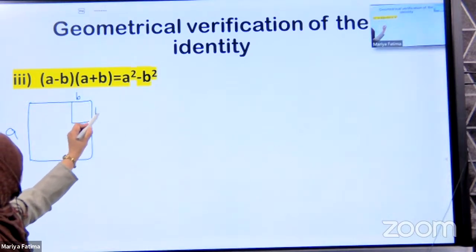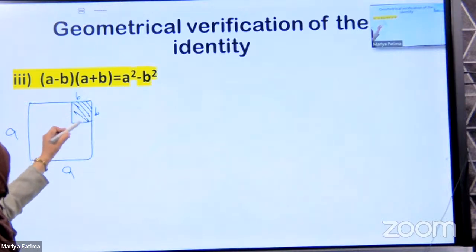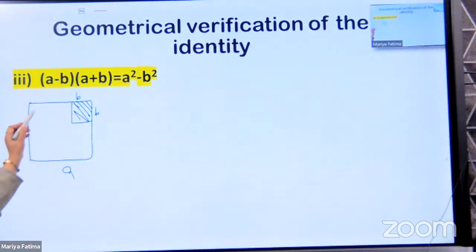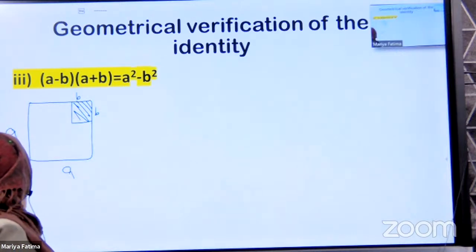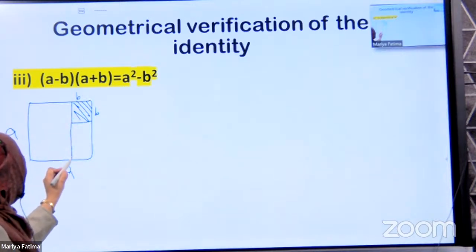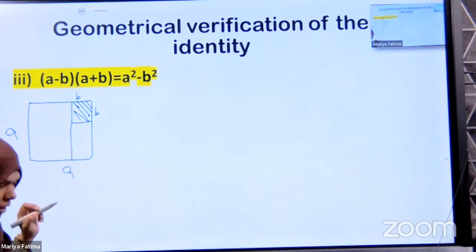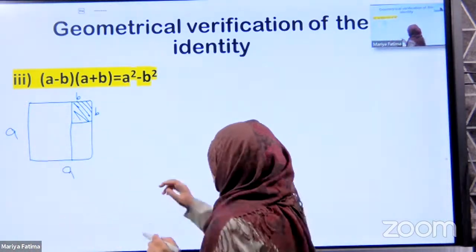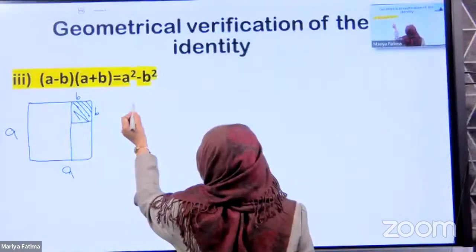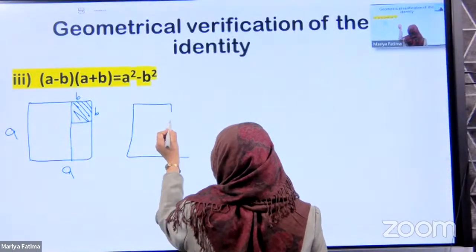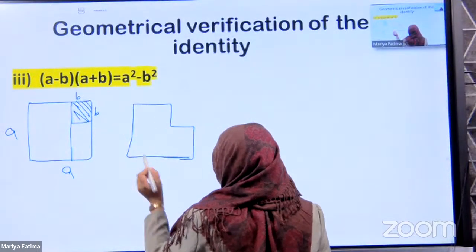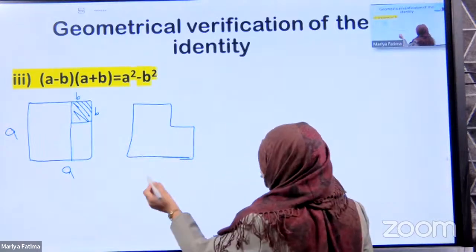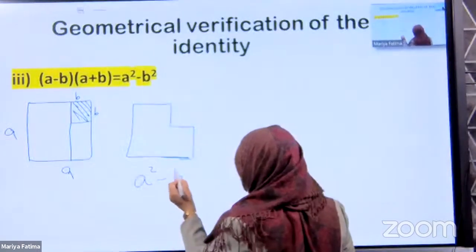This part is B and this part is B, and we want to remove this part. So what will you get? You will get one part of this and another part like this. This figure will become like this. So what is the area of this figure? It will be your A square minus B square.